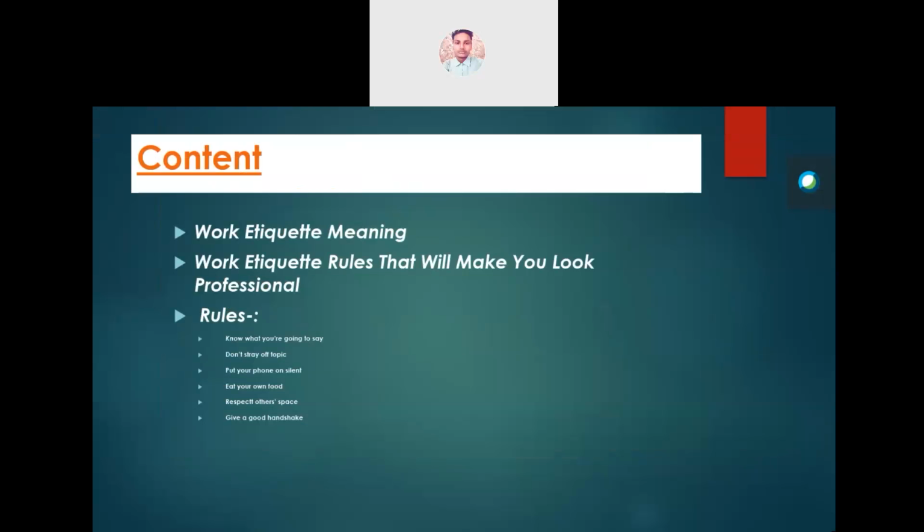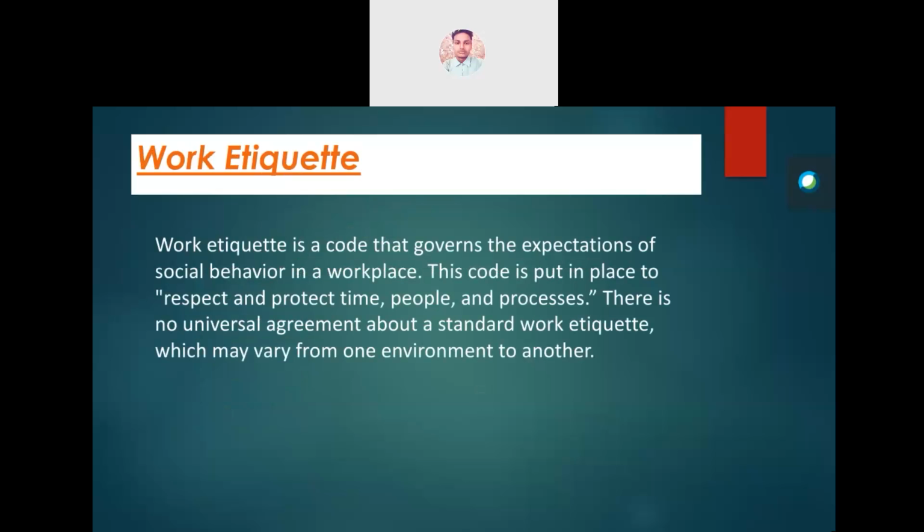In this content, work etiquette meaning, work etiquette rules that will make you look professional, and third is rules. Work etiquette is a code that governs the expectation of social behavior in a workplace.